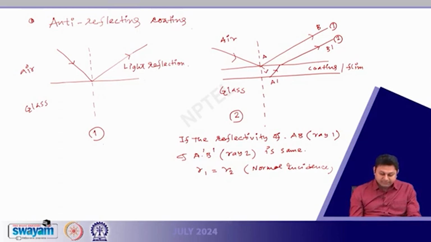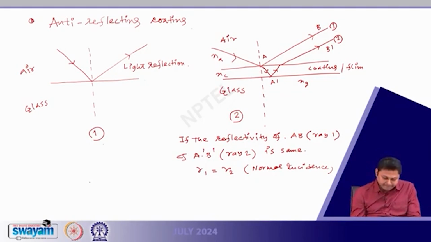Then if we put the refractive index of the air as NA, the coating as NC, and the refractive index of the glass as NG, we can find a relationship between NA, NC and NG. That basically allows us to find out the refractive index of the coating for our desired application.